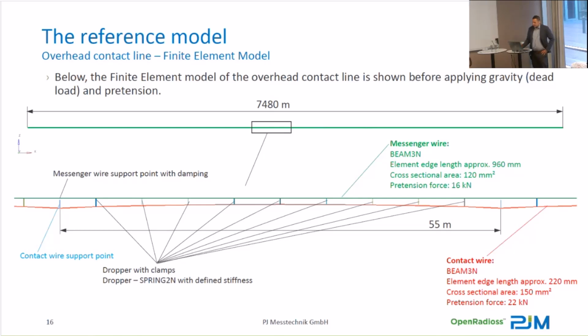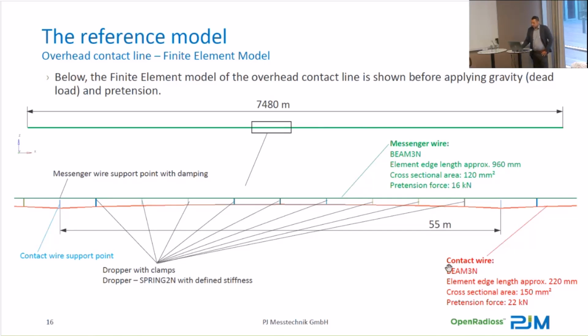So what element types did we use to model our model? For the carrier wire, or also for the messenger wire, we used beam elements. One element length is around 1 meter. So a little bit bigger than other models. And cross-sectional area of 120 square millimeters, and a pre-tension force of 16 kilonewtons.